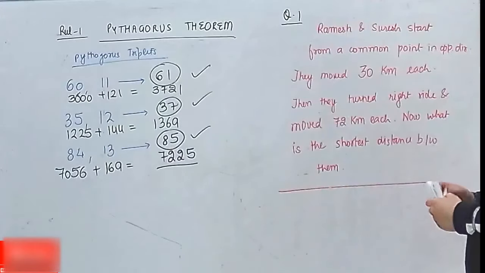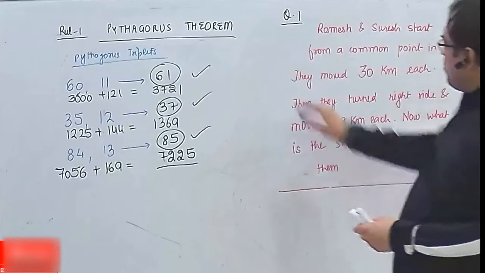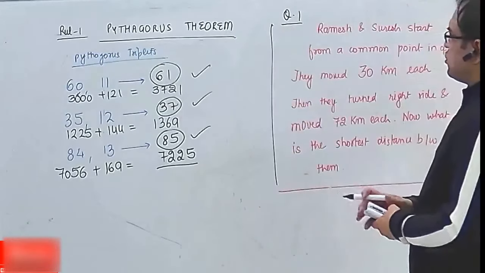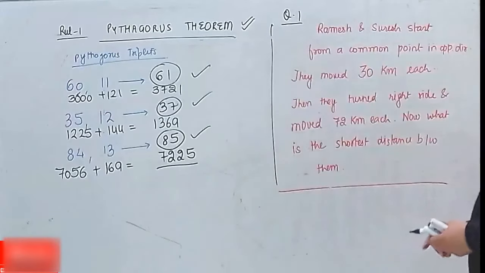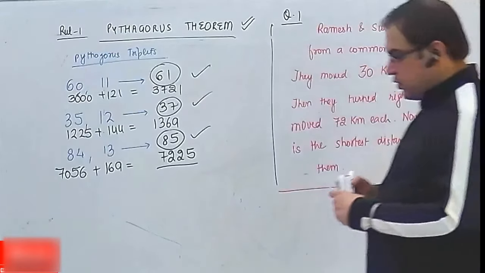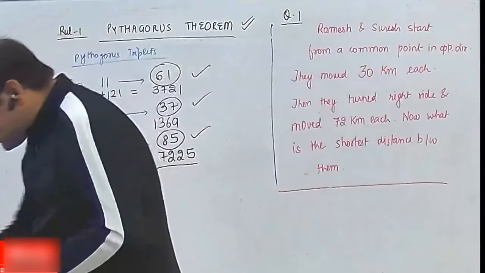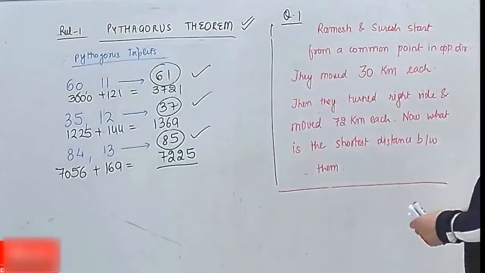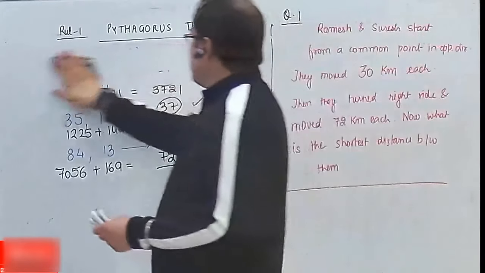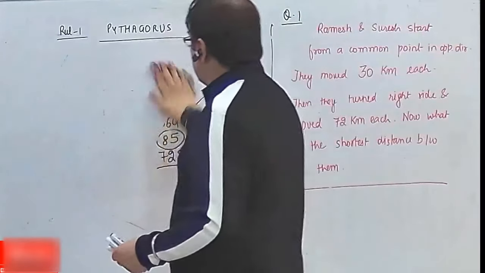These are Pythagoras triplets. Now we have the knowledge of rule number 1, Pythagoras theorem. So we apply this theorem in the first question, Ramesh and Suresh. Try to solve this question, then I'll tell you how to go about it. So let's solve.